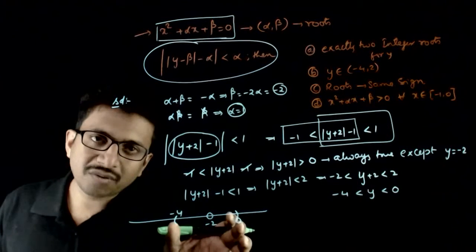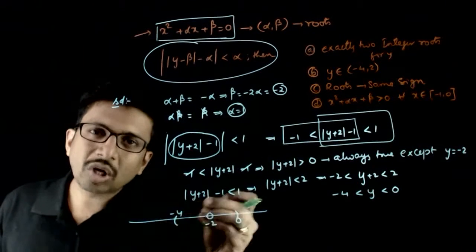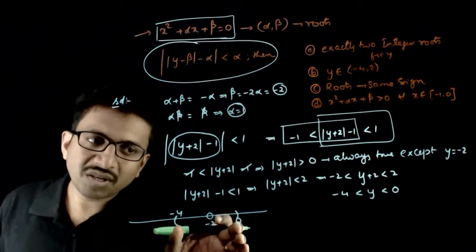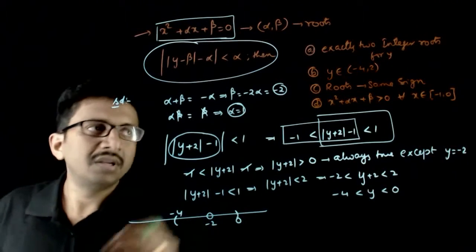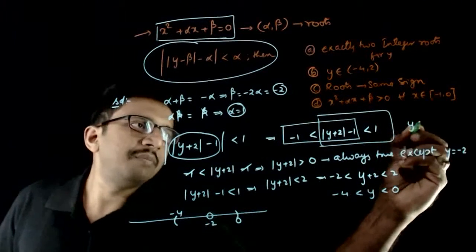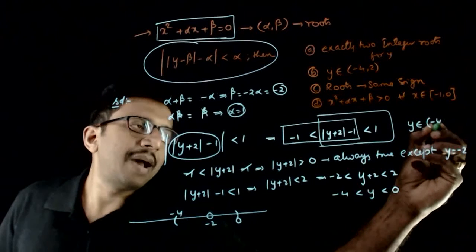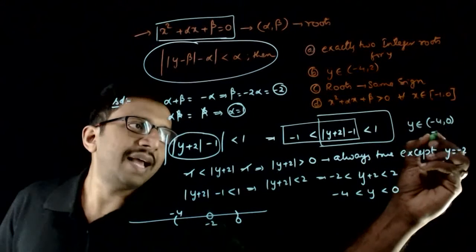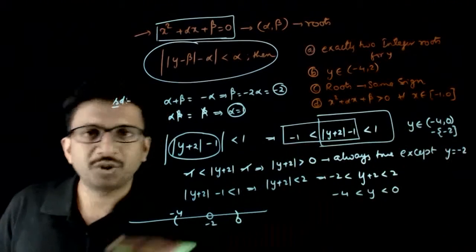So what is the common solution? Minus 4 to 0 except minus 2 is the solution. So y belongs to minus 4 to 0 except minus 2. That should be the solution for y.